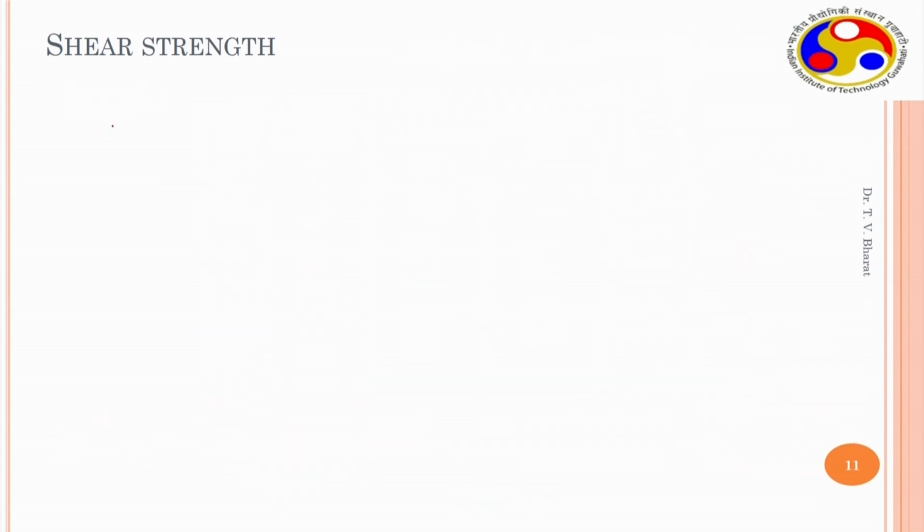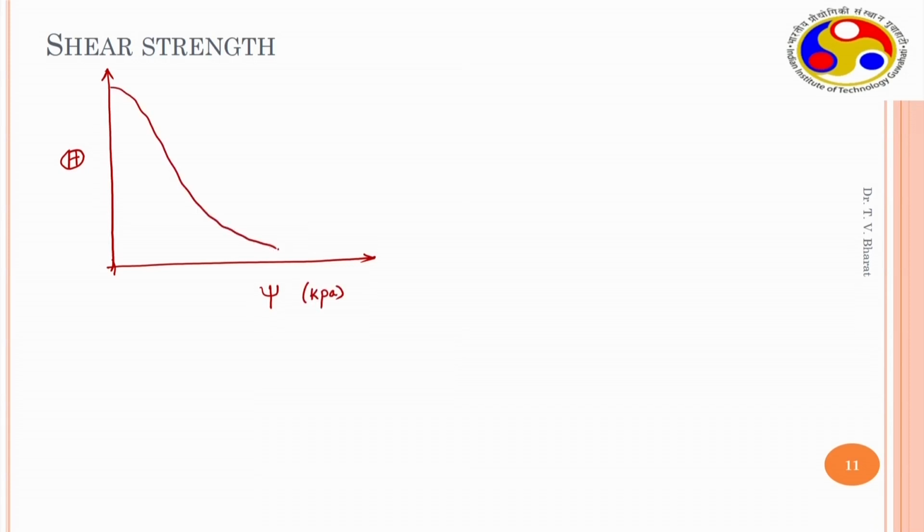Let us see how these values would vary. This is the variation of SWCC, normalized volumetric water content versus suction in kilopascal. Generally, the trend is like this.